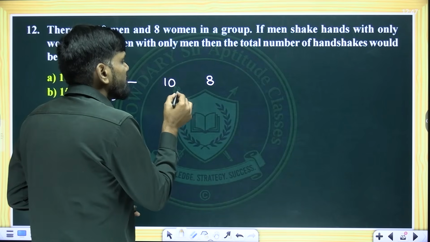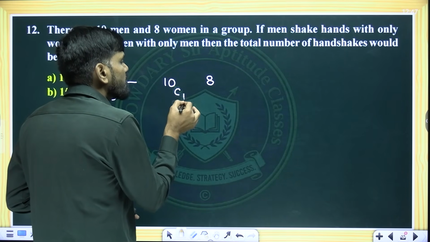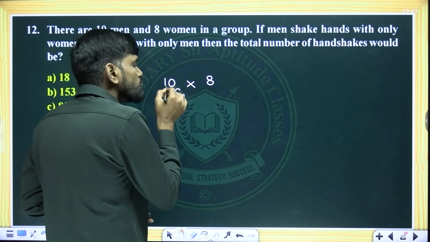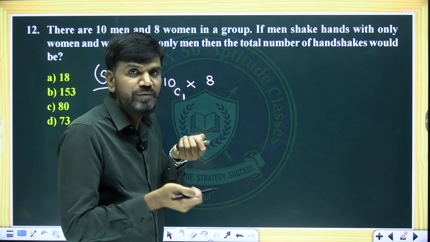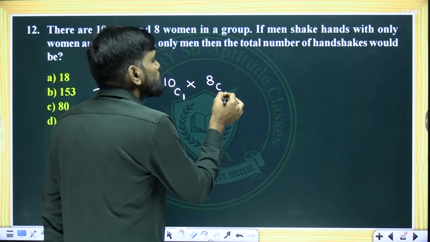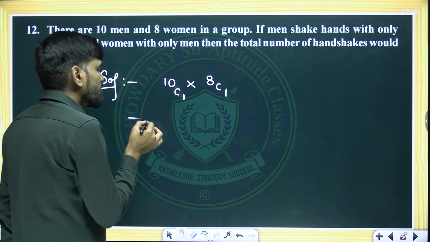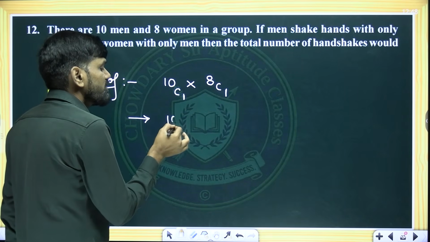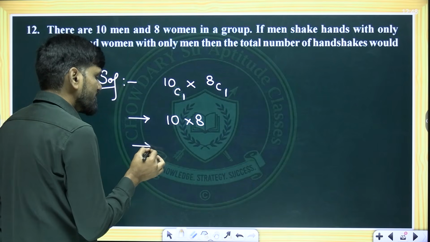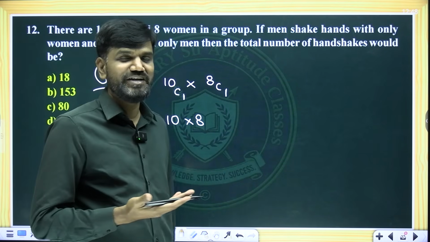So out of 10 men available, choose 1 man, in how many ways? 10C1. After choosing a man, you have to choose a woman for the shake hand to take place. Out of 8 women available, you choose 1 woman. So the total number of shake hands over here are how many, dear? 10 into 8. That's why blindly by-hearting n into n minus 1 by 2 will not help you in getting the answers.